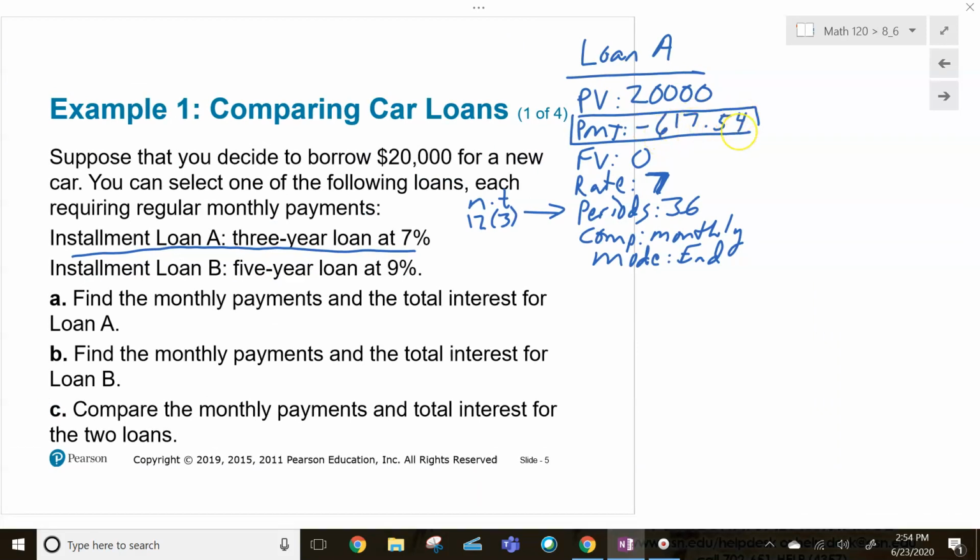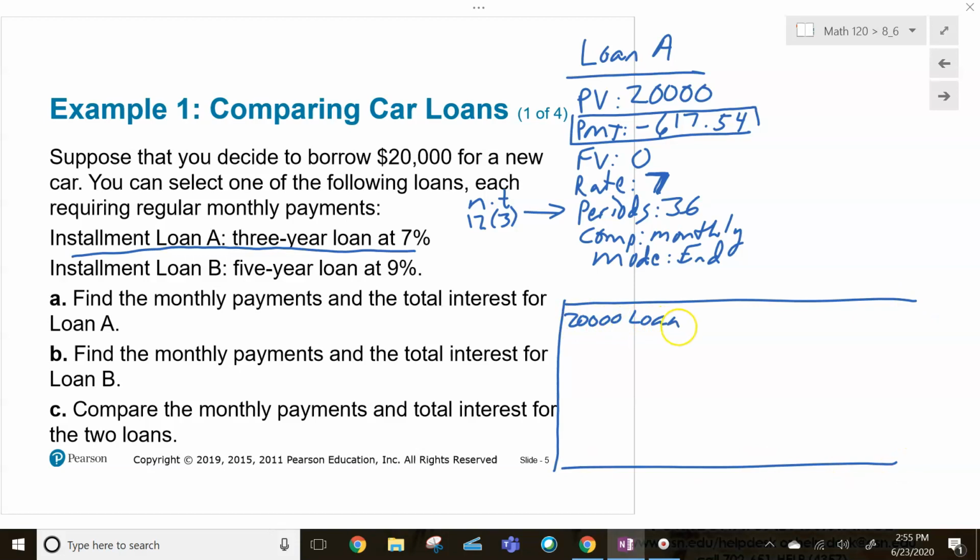Paying 617.54. Okay. So, in fact, let me make a little chart here. We're doing a $20,000 loan.